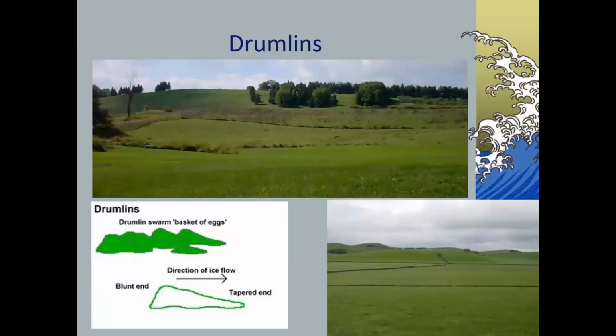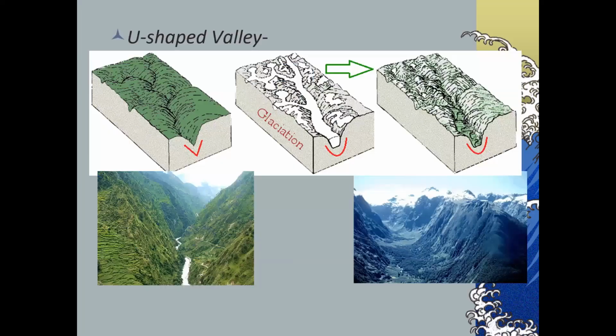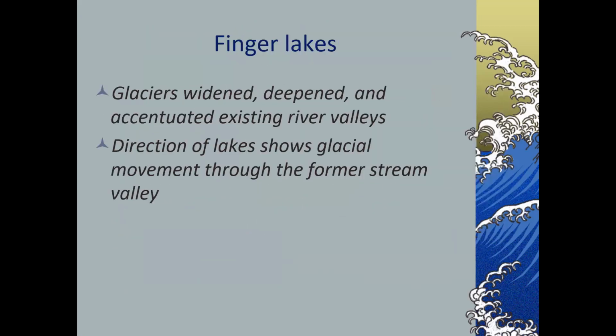And so how did the Finger Lakes get there? What happened is there were already some existing river valleys there. So there was a whole bunch of rivers, and then the glaciers plowed through those river valleys, and they widened and deepened and accentuated the existing river valleys. And then the sediments basically dammed up those rivers, and then the rivers flooded behind the dam and created the Finger Lakes.